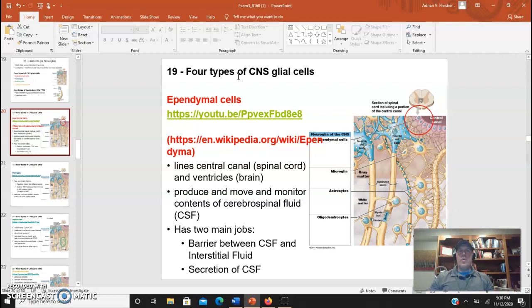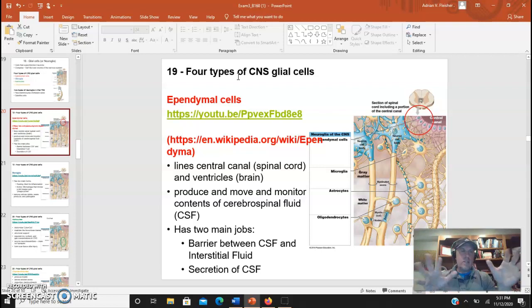And while it's not an exact representation of what the cells do, because they have many different functions, obviously, that's how they're classified.